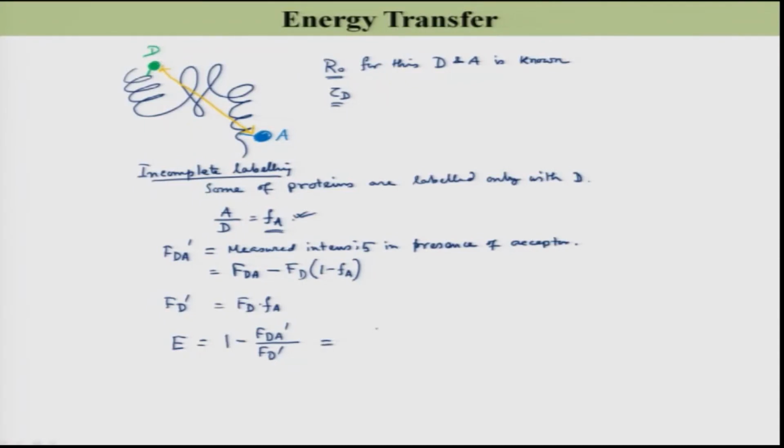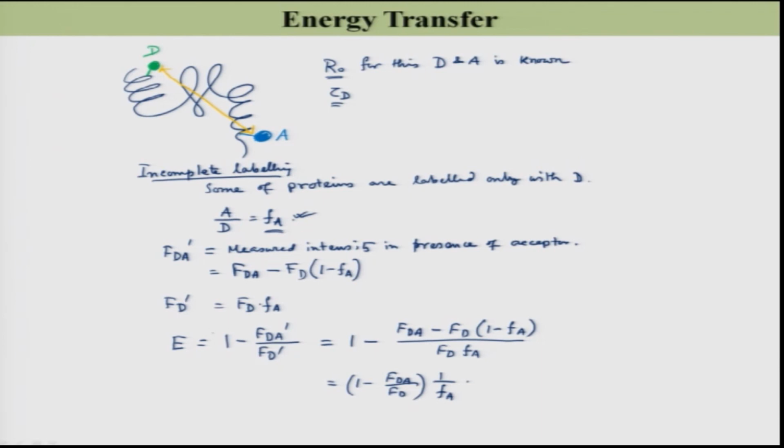So, this can be written as 1 minus F D A minus F D into 1 minus F A, divided by F D into F A, which is equal to 1 minus F D A by F D into 1 over F A. So, you see I get this efficiency in this form, right.